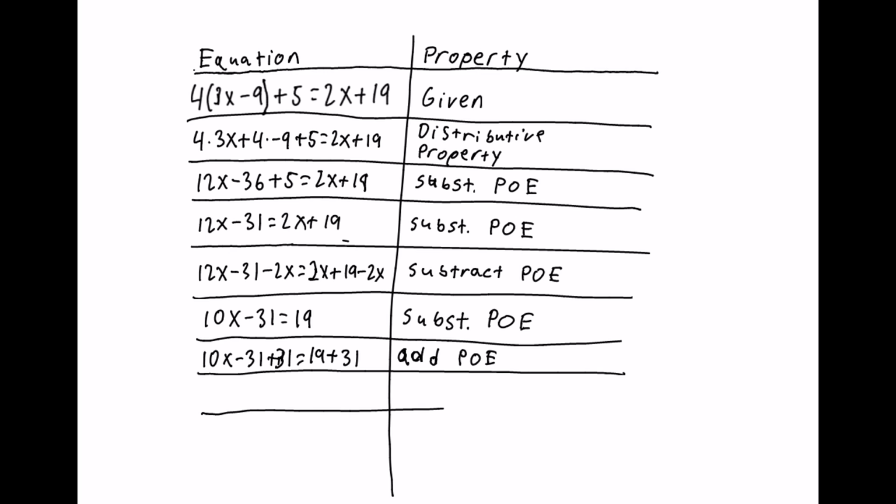Alright, then again we do the math out. So negative 31 plus 31, those cancel to leave 10x. And then 19 plus 31 is 50. We did the math out, so substitution property of equality.